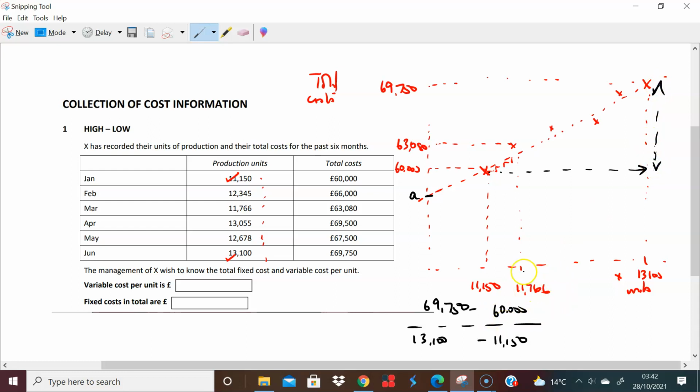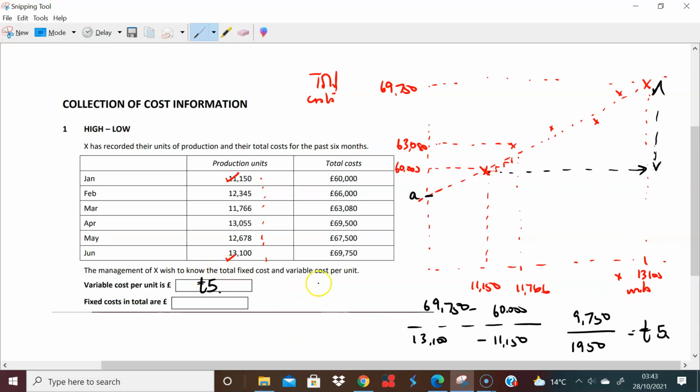So 69,750 minus 60,000 is 9,750. And I'm going to divide that by 13,100 minus 11,150, and I get 1,950. Divide the two, 9,750 divided by 1,950, and that's the variable cost. Actually, that's funny. That's worked out at £5. So my variable cost per unit is £5.